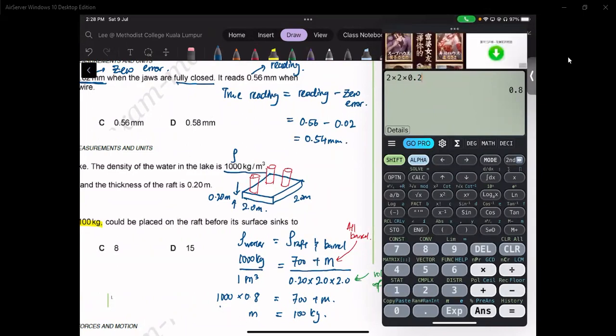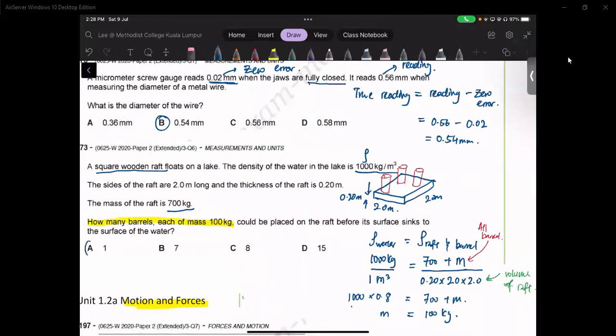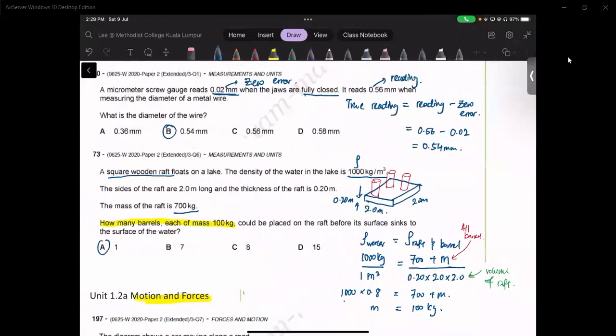So you can only fit one barrel. You want to fit more barrels, you need more volume. To be honest, first I just checked 700 divided by 0.8, and I get 875 for density.